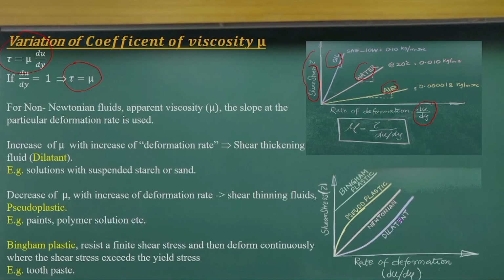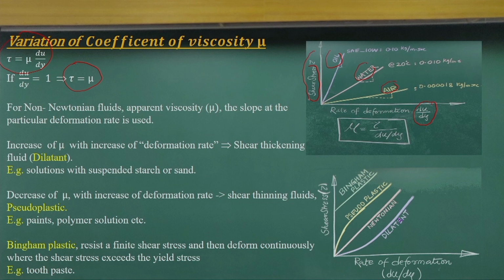When you drag that object in water, definitely more force is required than in air. That means there is more frictional resistance. That is the very common way we experience that different fluids give different drag forces, meaning different amounts of frictional resistance, which we define here in terms of shear resistance.